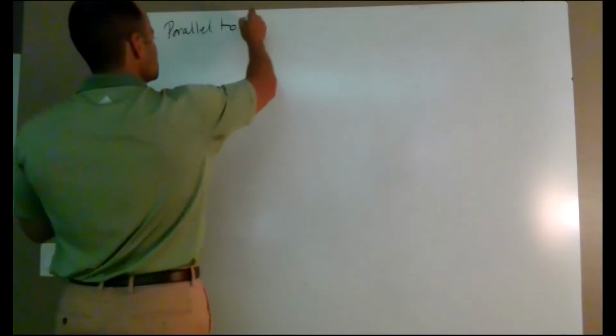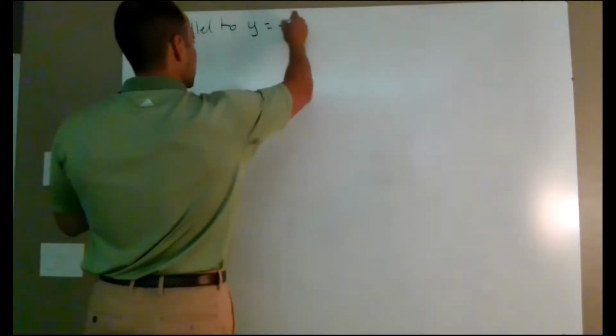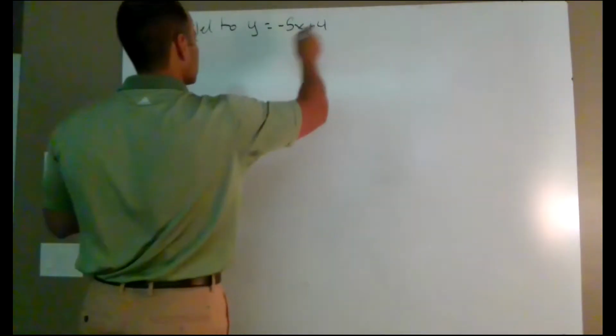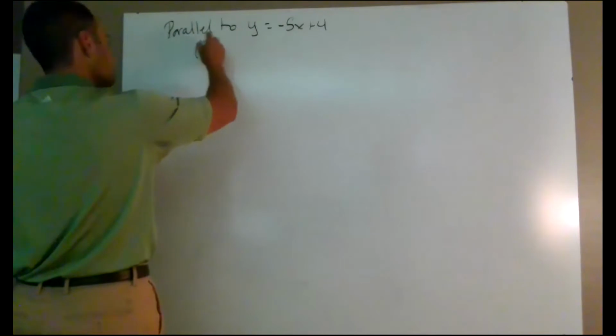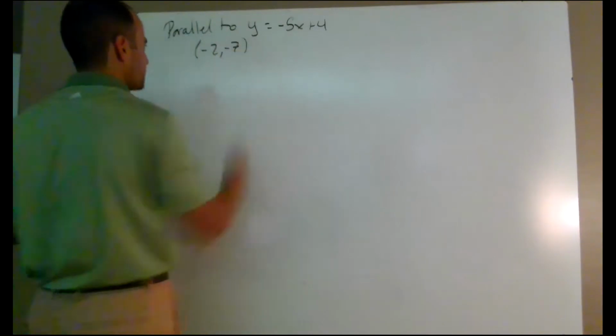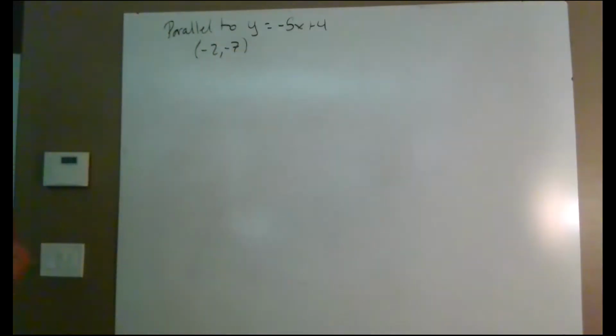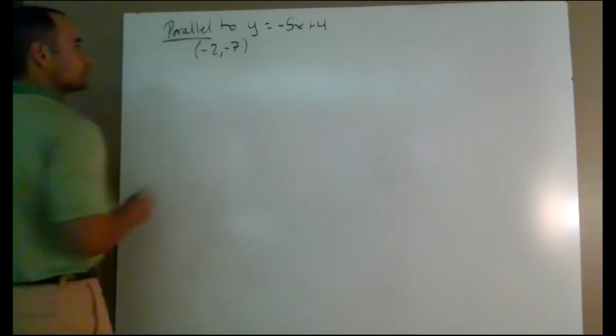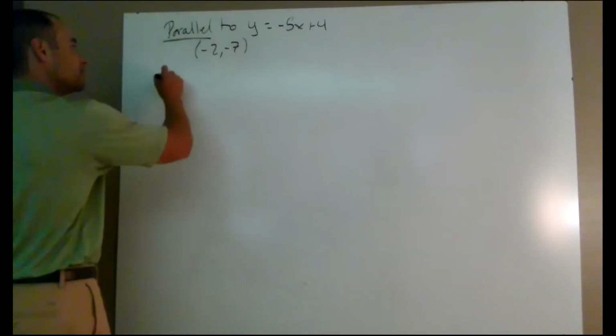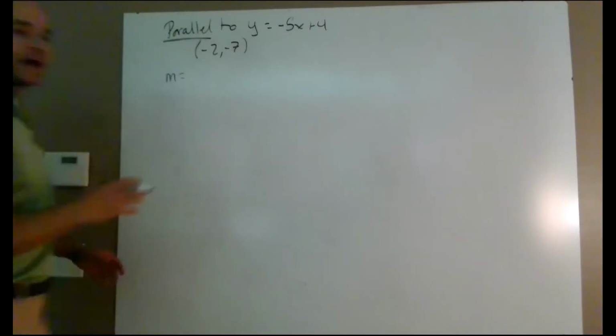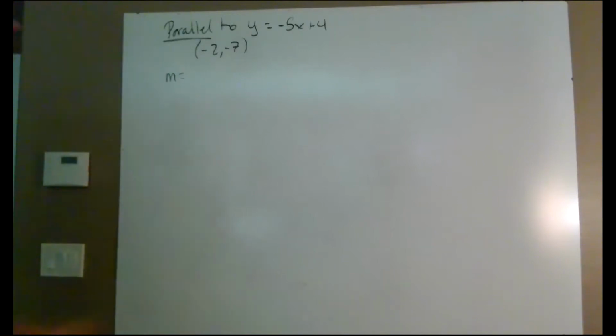All right, so we want to find a line that is parallel to y is equal to negative 5x plus 4 that goes through the point negative 2, negative 7. For this one, we know the lines are parallel, and parallel lines have the same slope.